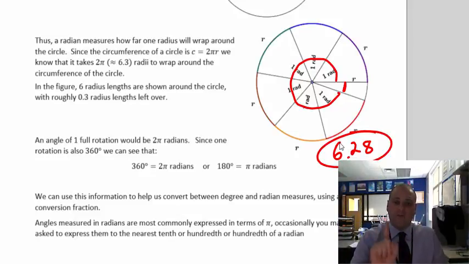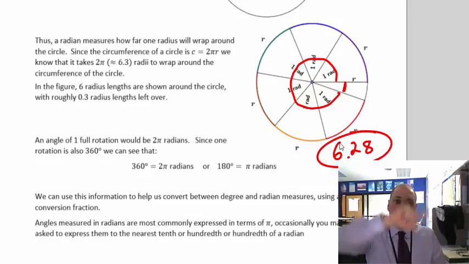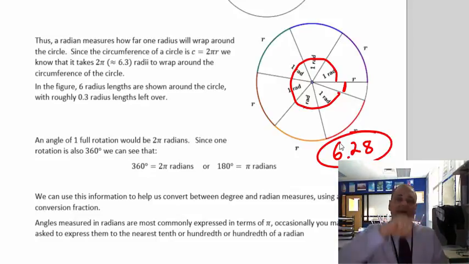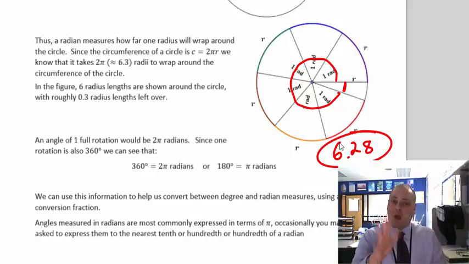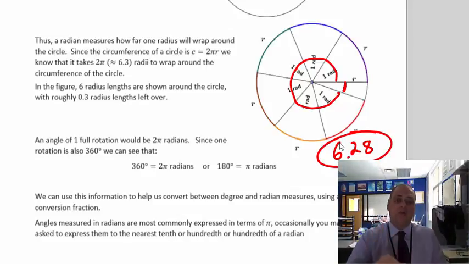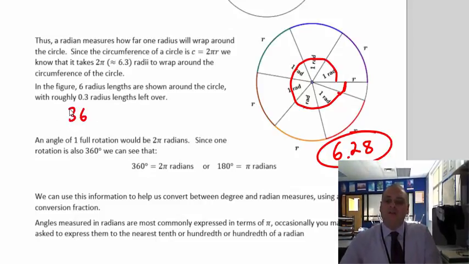Remember, it's lengths of the radius, however long the radius is, but going around the circle. It takes approximately 6.28 of those to make a full circle. A full circle is how many degrees? 360 degrees. So that's the conversion. 360 degrees is approximately 6.28 radians.